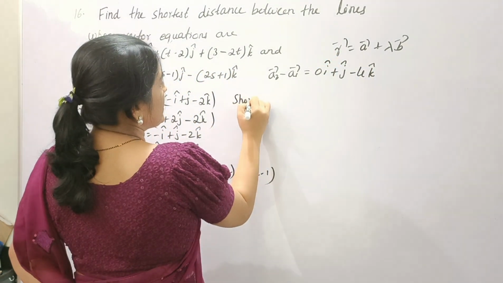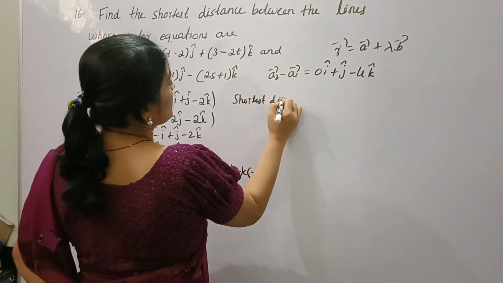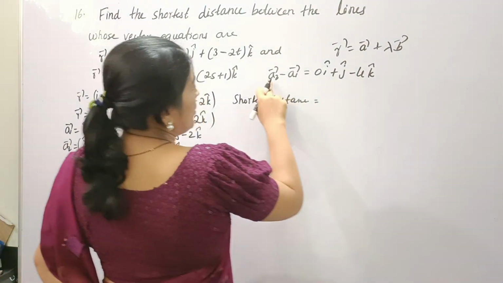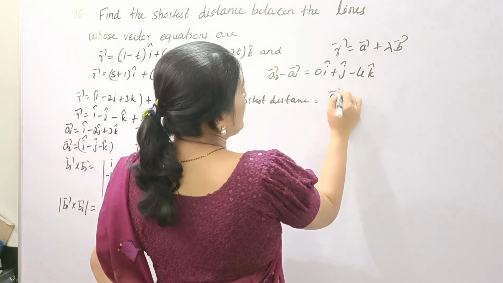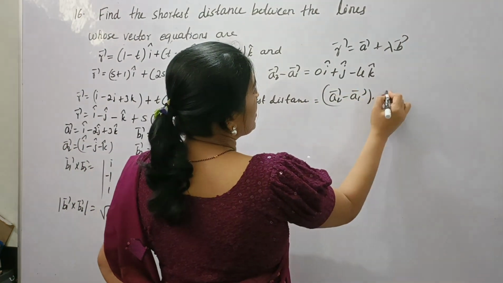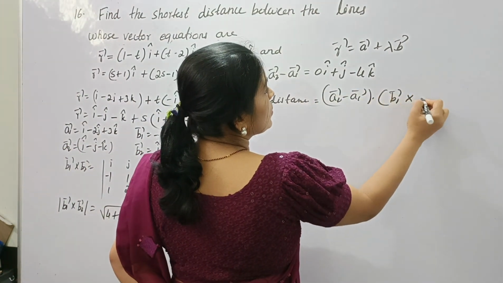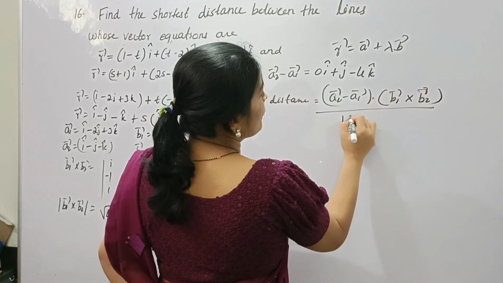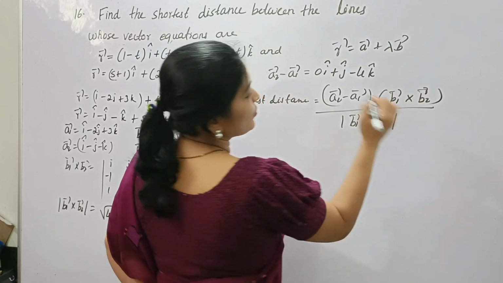Then shortest distance is equal to vector a2 minus vector a1 dot vector b1 cross vector b2 divided by modulus of vector b1 cross vector b2.